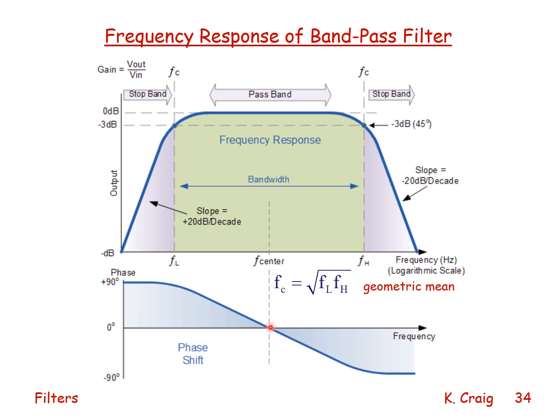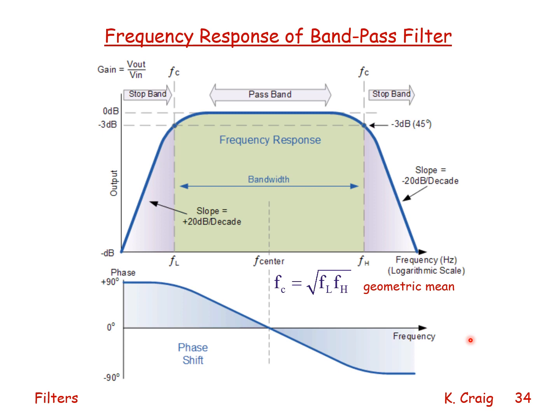The output and the input are in phase, and the amplitude ratio is the same. And that center frequency is determined by the geometric mean, which is the square root of the product of f sub L and f sub H, the cutoff frequency of the high-pass filter and the cutoff frequency of the low-pass filter. And this then is our bandpass filter.